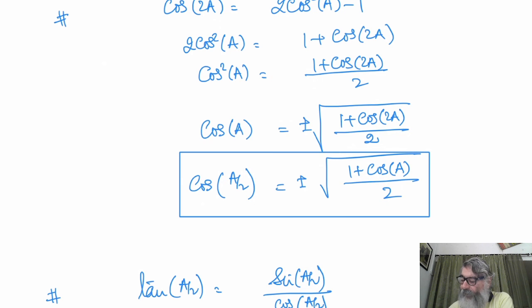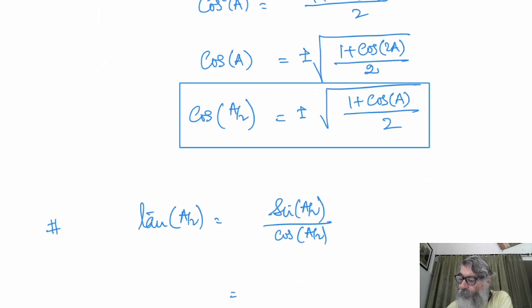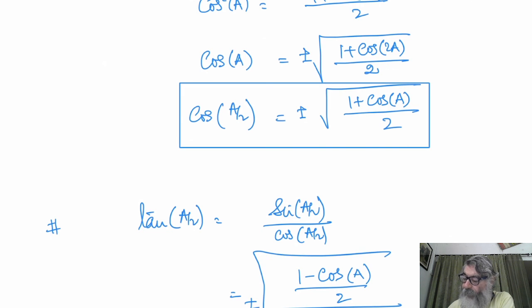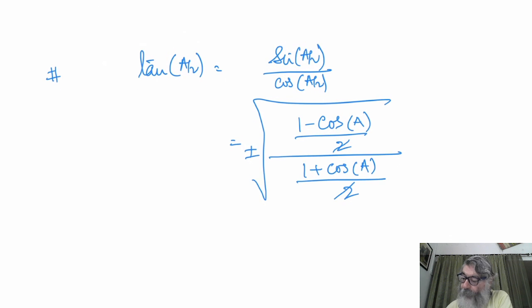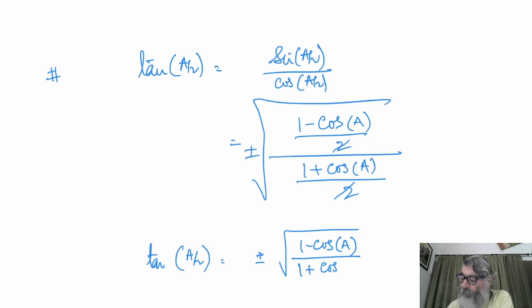Sin A upon 2 will be under root 1 minus cos A upon 2, and cos A by 2 is 1 plus cos A upon 2, under root plus minus. So this will cancel. So tan A upon 2 will become plus minus under root 1 minus cos A upon 1 plus cos A.